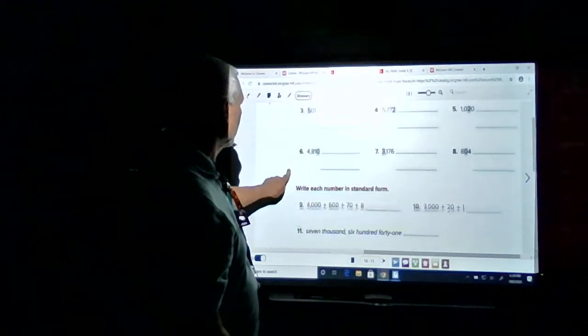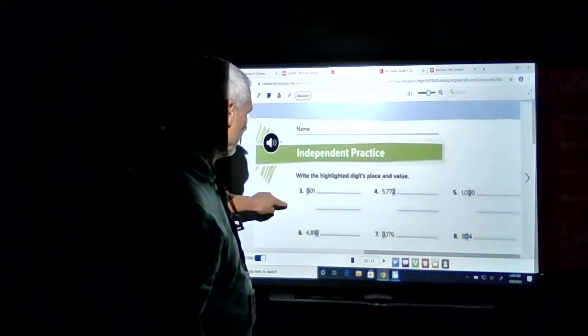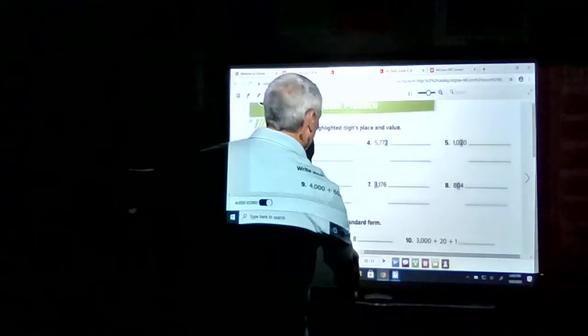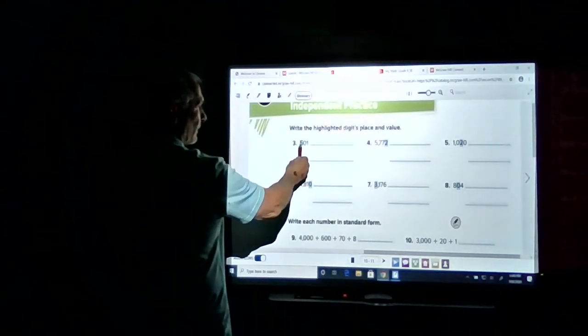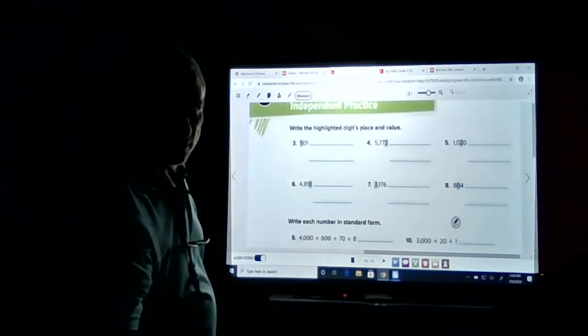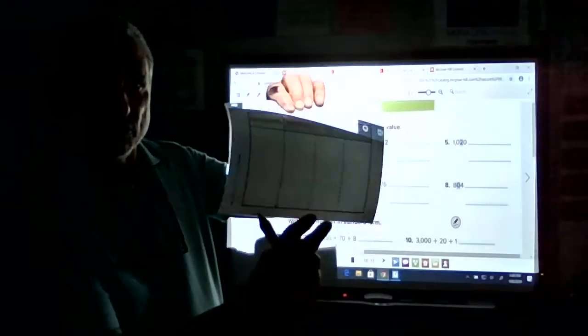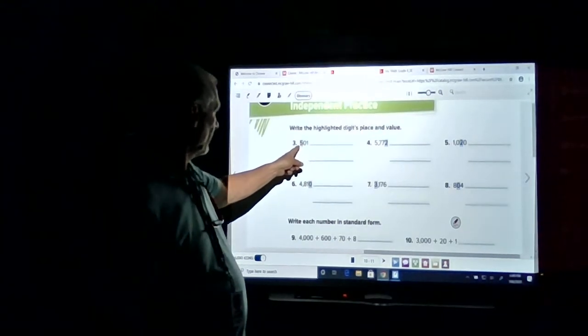Let's take a look at place and value to start. We're going to go over this together. 5 is highlighted, and if you look at your chart, you have that handy. If you need to use that, use your chart, and we'll count ones, tens, hundreds.